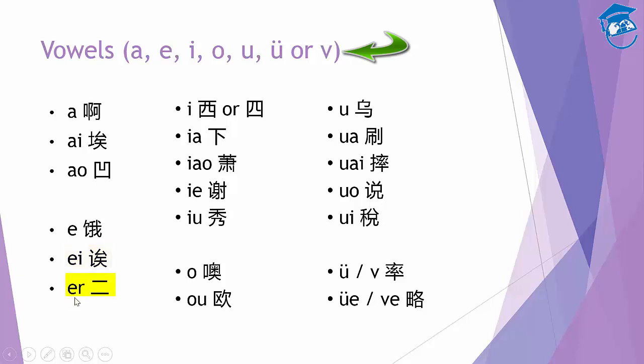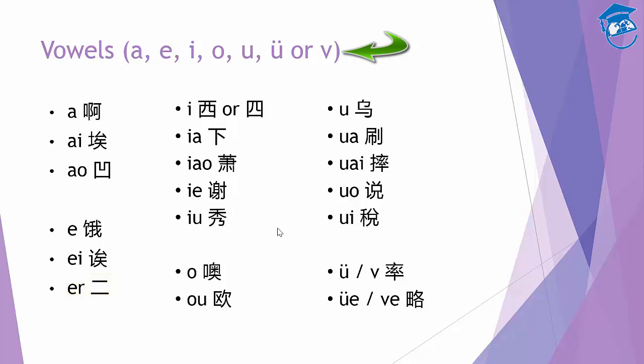The next one is quite special because this vowel is hardly ever used with other components. Usually this vowel just occurs on its own. This is the vowel e and r, pronounced as er.